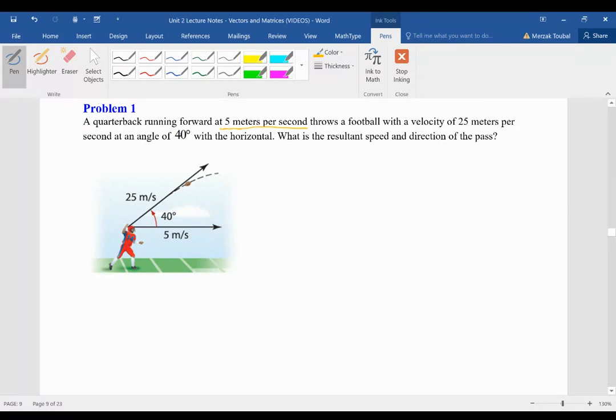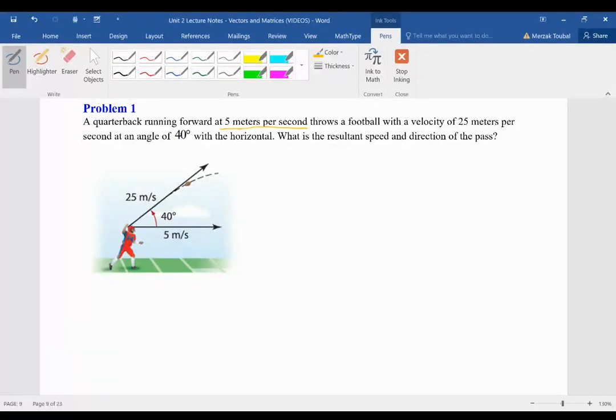40 degrees. Look at the figure, that tells you everything. What is the resultant speed and direction of the pass? So what this problem is saying is the quarterback is running forward at 5 meters per second. So it means the ball, before he throws it, is also moving at 5 meters per second.